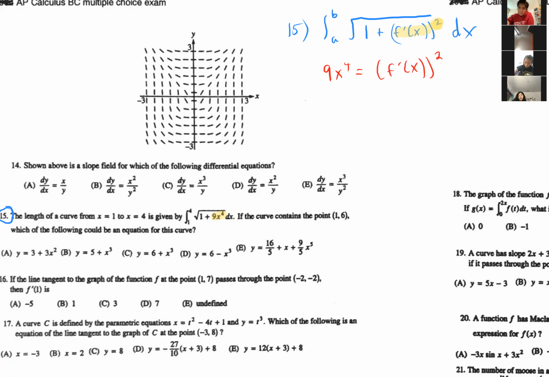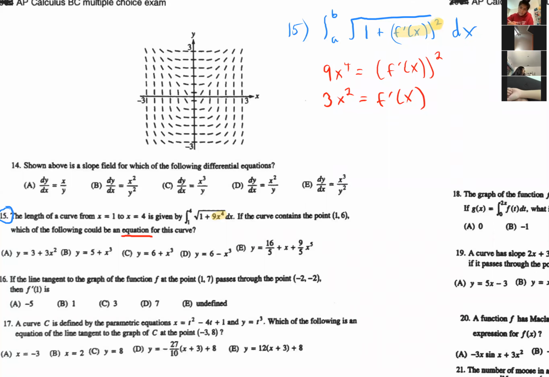So I'm going to take the square root of both sides. When you take the square root of 9, you get 3. When you take the square root of x to the 4th, you get x squared. And I take the square root of the right side. It's f prime of x. So my derivative is going to be 3x squared. So if I want to find, it's asking me about the original function, so the original equation would just be f of x.